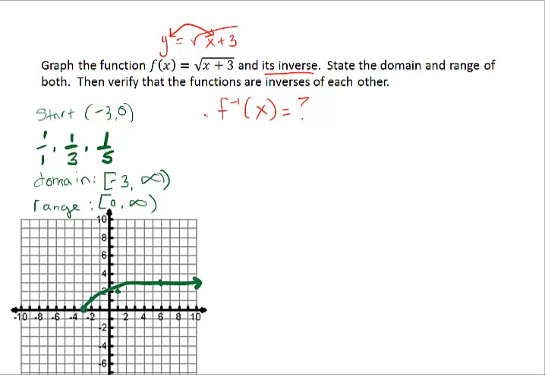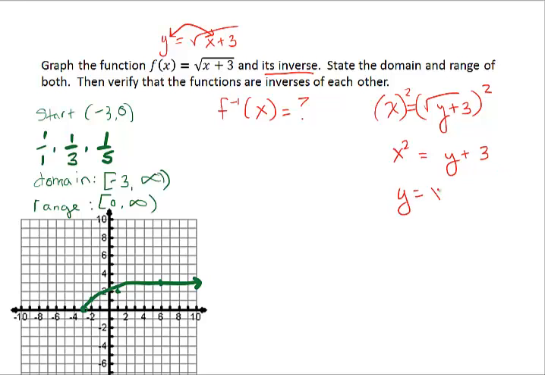So I want to solve x is equal to the square root of y plus 3. Here, in order to solve for y, I'm going to square both sides. I'm going to have x squared is equal to y plus 3. And then I'm going to minus 3. So I have y is equal to x squared minus 3.